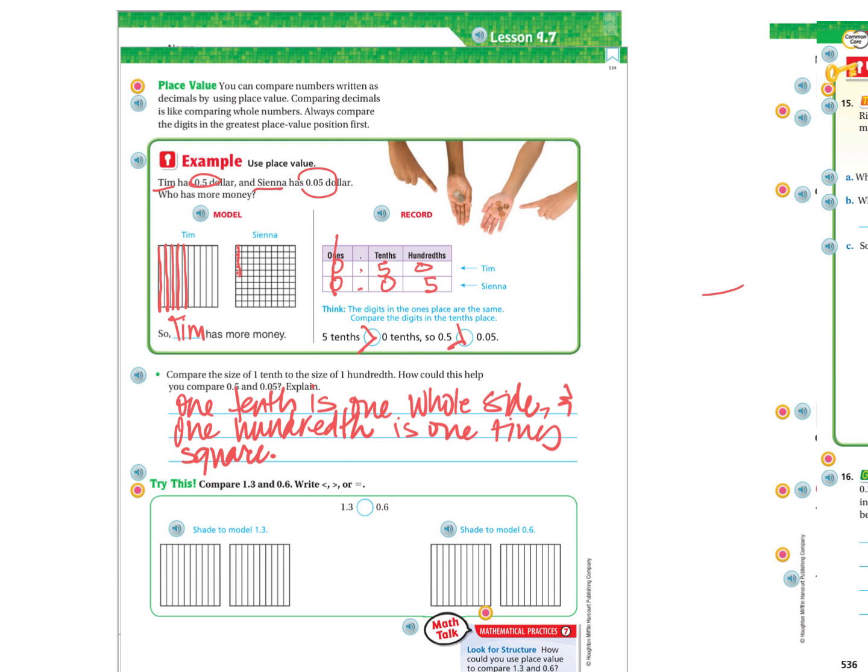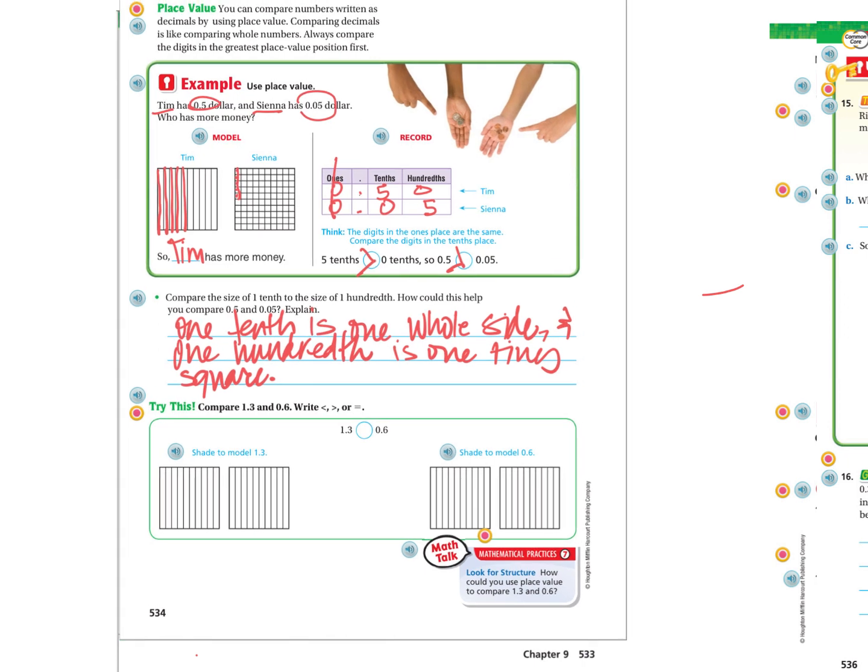Okay, try this. Has an exclamation point, so we're excited. Okay, compare 1. Oh, let's read this. Compare 1 and 3/10 and 0 and 6/10. Okay, so let's compare this whole shebang, okay? I'm going to move this up just a tiny bit. Okay, so let's write 1 and 3/10.